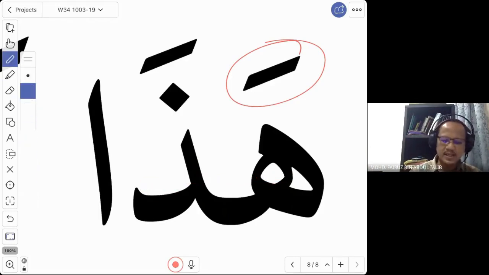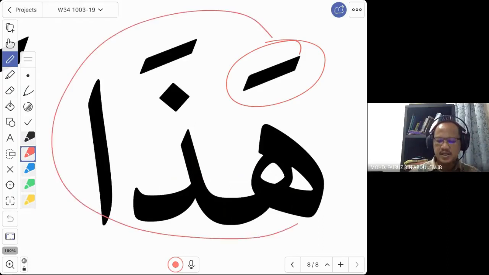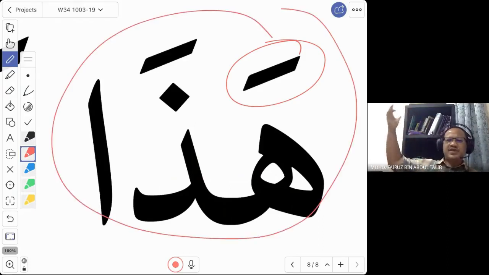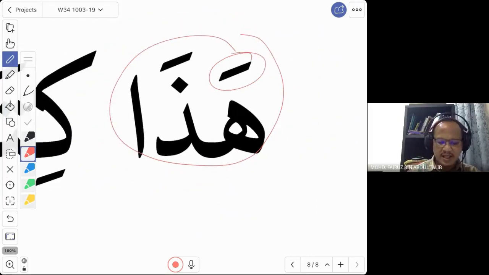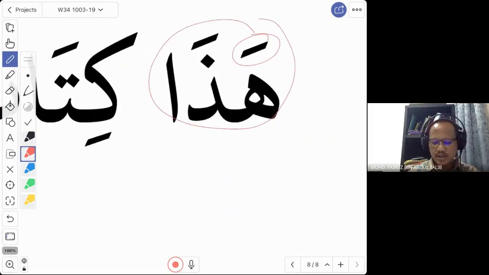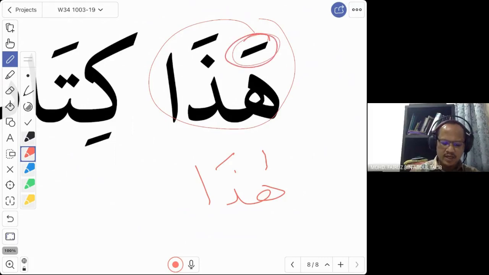This is actually an exception to the rule that we have learned previously. Previously, a short vowel you must read with a short vowel. But this word is an exception. Why is this an exception? When this word is in the Quran, instead of just the normal fatha, you will see this symbol. What is this symbol?